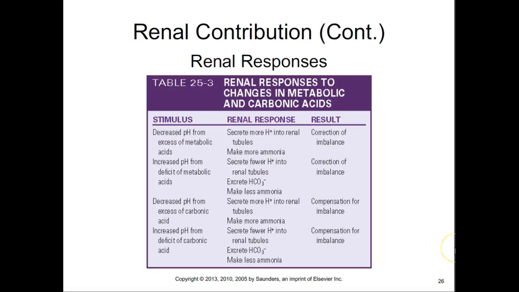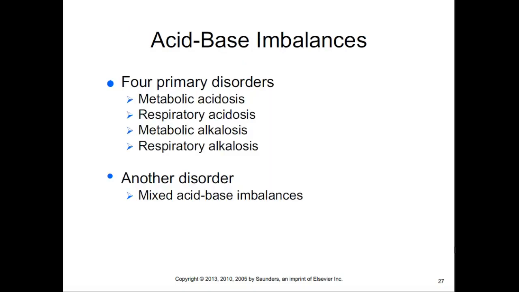All right, so renal responses to some changes in metabolic and carbonic acids. A nice little review is in this chart, table 25.3, so make sure you go through that. So what are our four primary disorders? Our four primary disorders are metabolic acidosis, respiratory acidosis, metabolic alkalosis, and respiratory alkalosis.